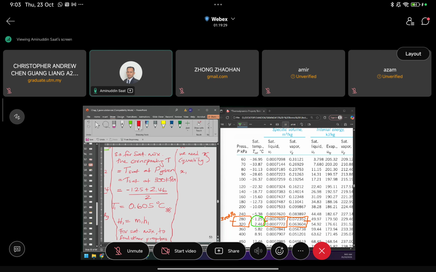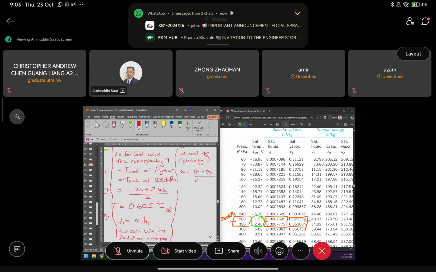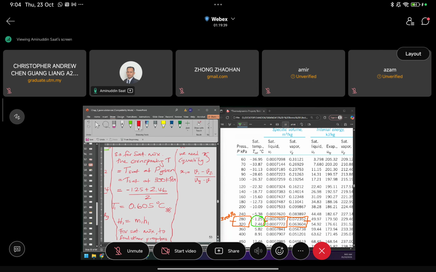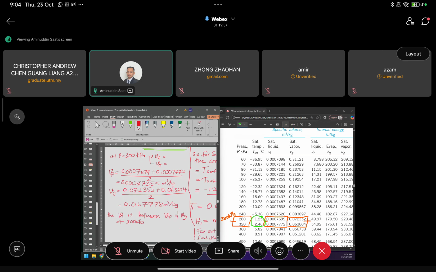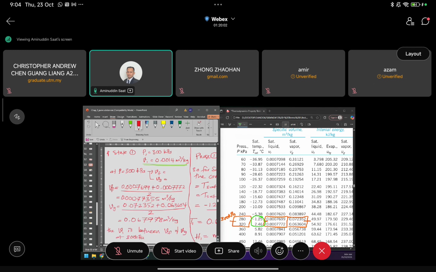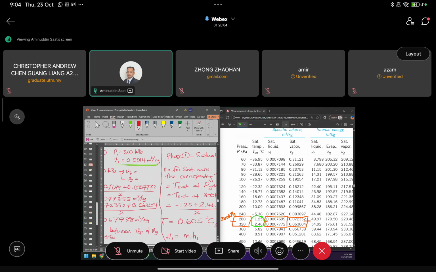So you have the VF, right? So you can find V1 minus VF divided by VG minus VF. Okay, it's a bit of a lengthy calculation, because you need to do it one by one. I think V1 we already know from the calculation. Yeah, this one. Okay, so V1 is 0.0014.